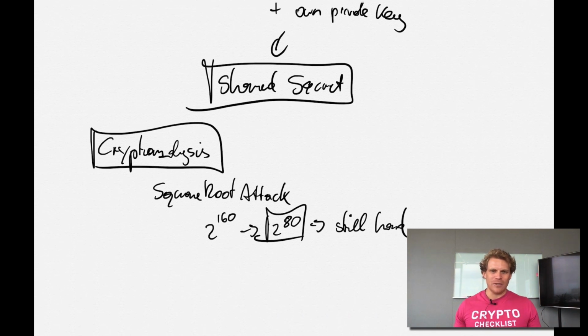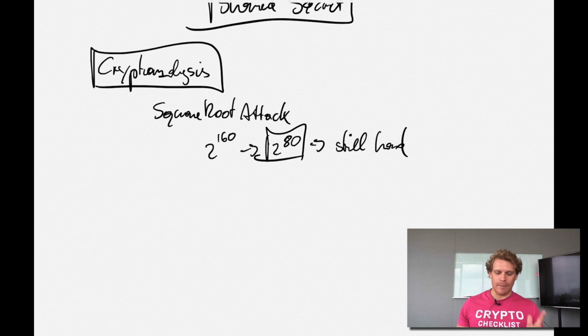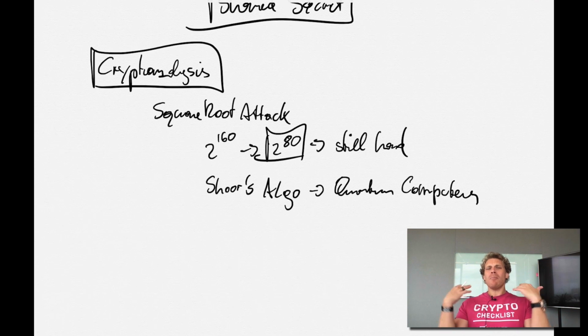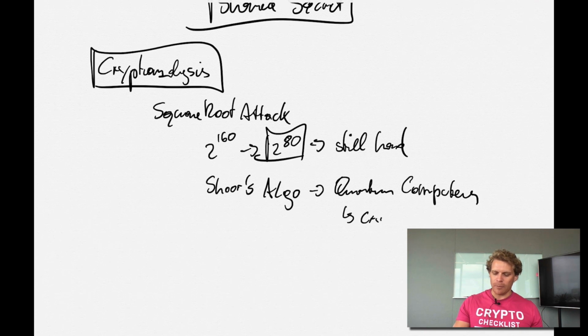This is not that easy to solve. However, and we're going to be talking about this, there's no known more efficient way to crack this other than really going through it with this so-called square root attack. But with Shor's algorithm, especially with quantum computers, this could be vulnerable. And obviously this is a humongous discussion in cryptocurrencies, because that is going to be the reason why in crypto we need to upgrade them.